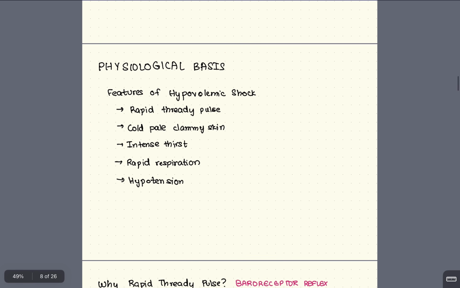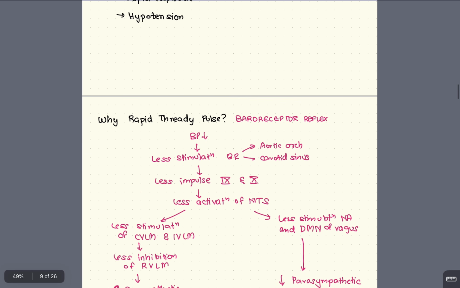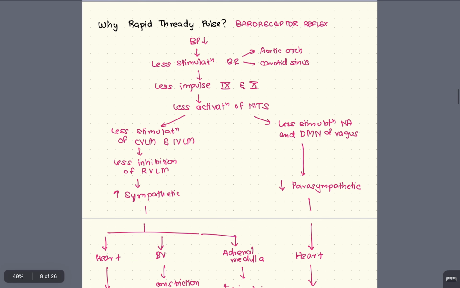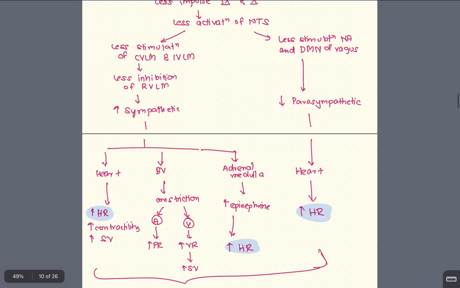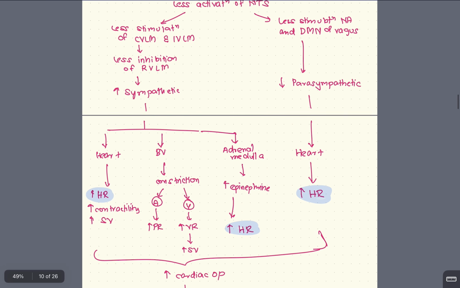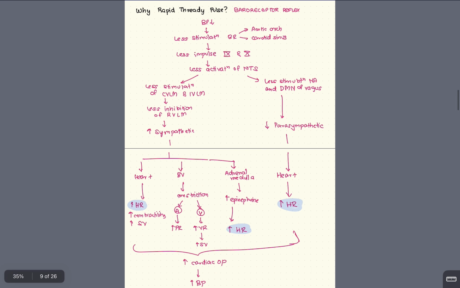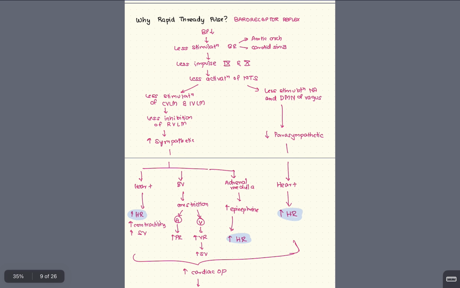Then we talked about the physiological basis. For the rapid thready pulse, there is the baroreceptor reflex, and because of it there's an increase in sympathetic and a decrease in parasympathetic activity, so there's increased heart rate. The body tries to increase the BP, and that's the compensatory mechanism. So we understood why it's called a rapid thready pulse.